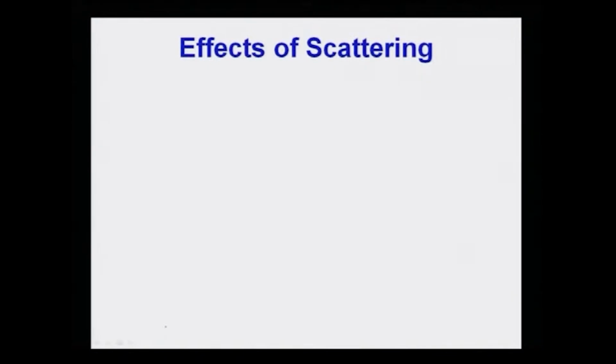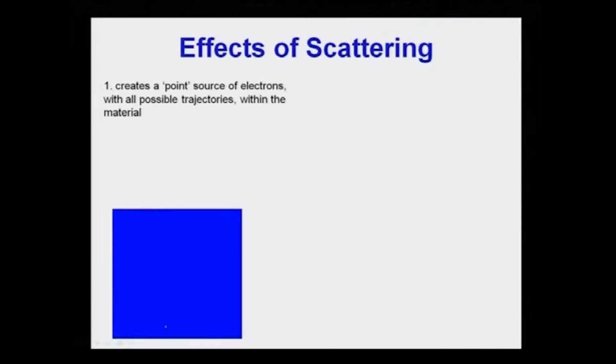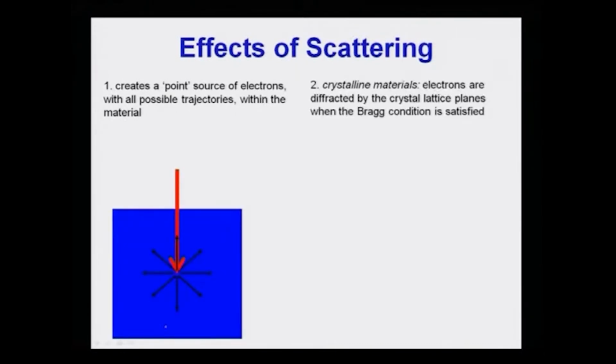One effect of this interaction is scattering, and the scattering can create a point source of electrons with all possible trajectories within the material. Let me show you an example. Suppose this is a material and we have an electron. Once the electron falls on the sample, it is going to create a point source here, from where the electrons can move in different directions.